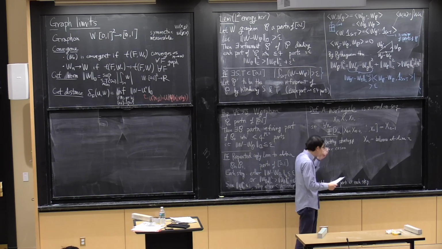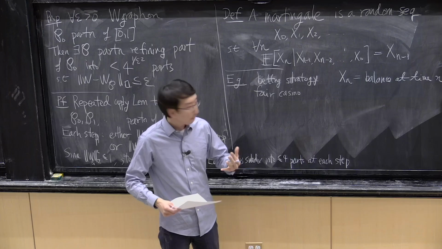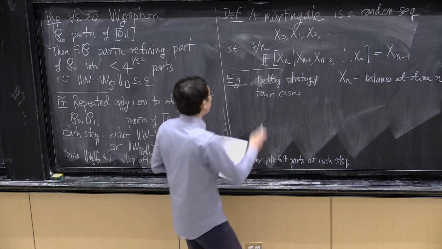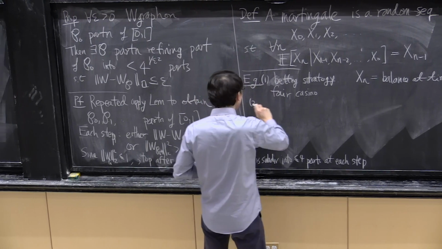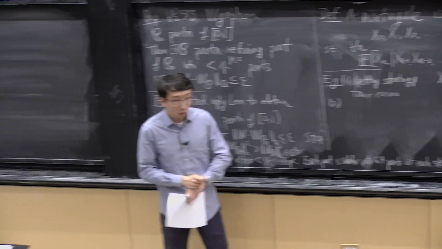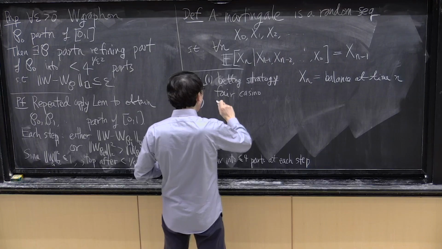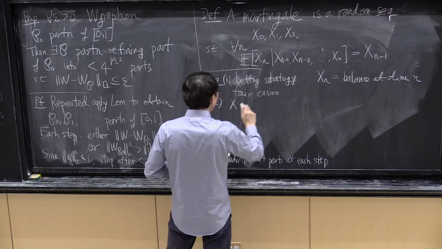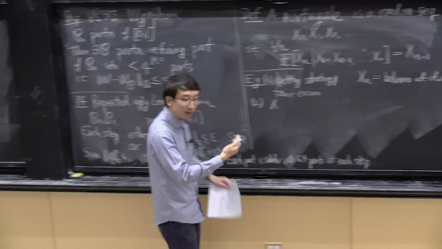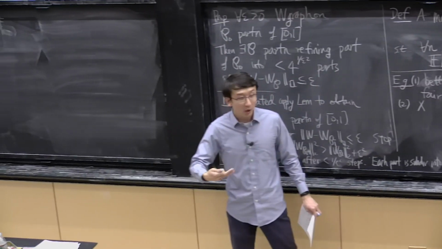So for example, okay, so here's another example of a martingale, which actually turns out to be more relevant to our use. Namely that if I have some hidden, think of x as some hidden random variable.